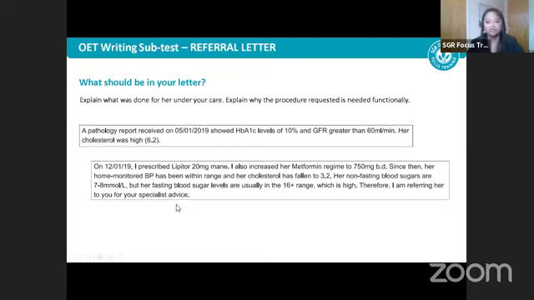So it's a very good and logical structure, making an introduction with the reason for writing, introducing the patient, introducing the condition, and then giving details about the primary care that was given to the patient, and then concluding it with how you came about your decision to make a referral.